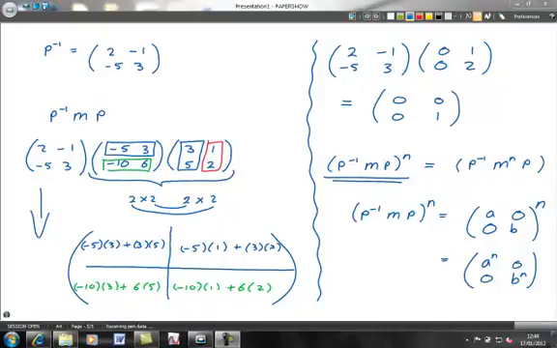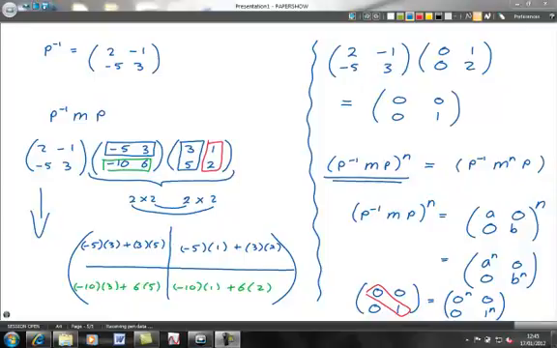So if we apply that logic to what we're dealing with, the matrix that we actually have is 0, 0, 0, 1. It's a diagonal matrix, and we know it's a diagonal matrix because all other values are 0. So what that really means is 0 to the n, 0, 0, 1 to the n.